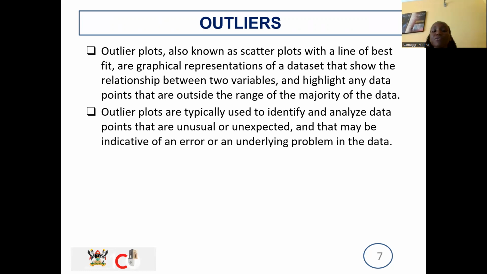So the use of outliers is that they help us identify and analyze data points that are unexpected. It may also be an indicator of an error or an underlying problem in the data.